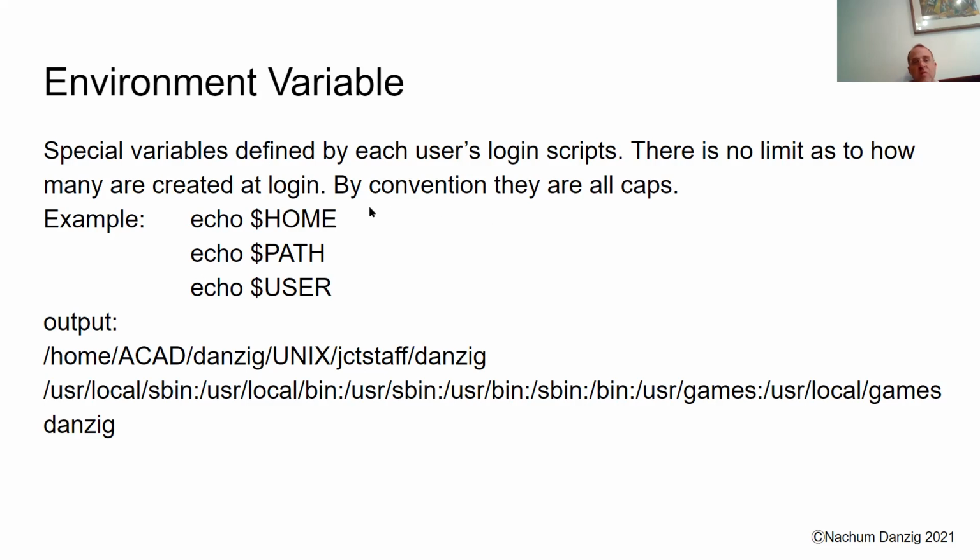There's no limit as to how many are created at login time, but by convention they're all capitalized. Some examples of ones that are usually created: your home directory is in a variable called $HOME, your path is in $PATH, and your user name is in $USER. If I did echo of each one of them, I would get my home directory, my path, and my username.